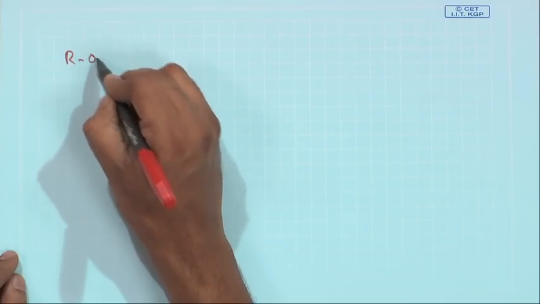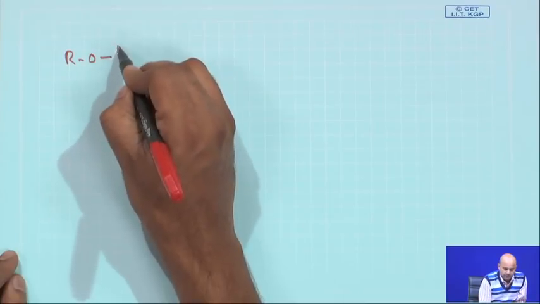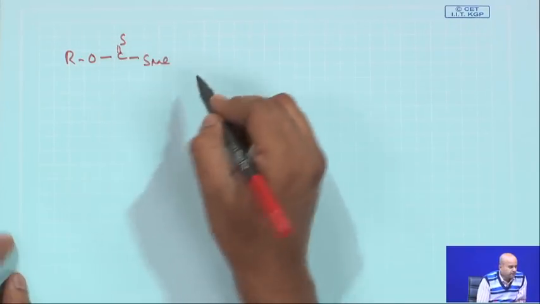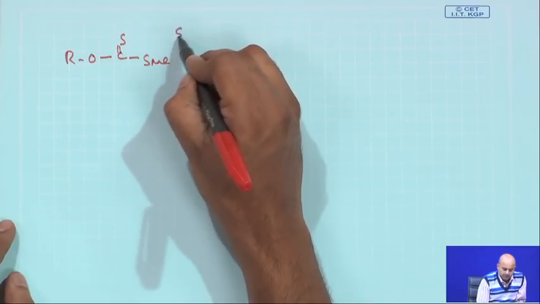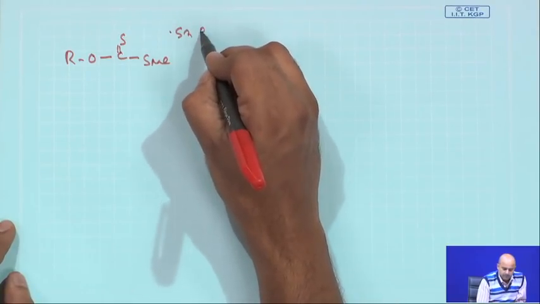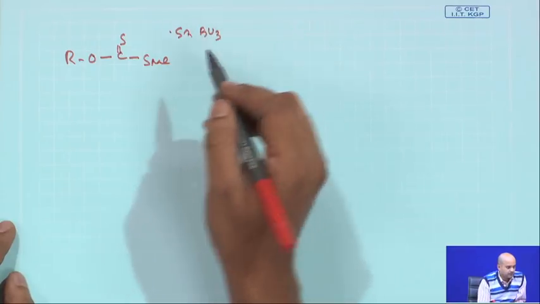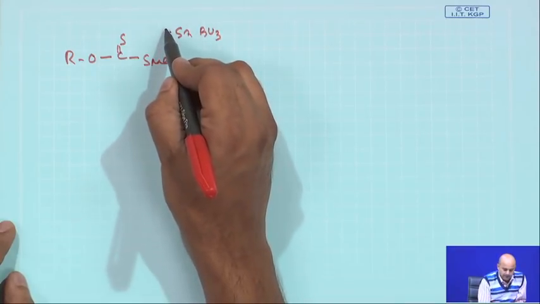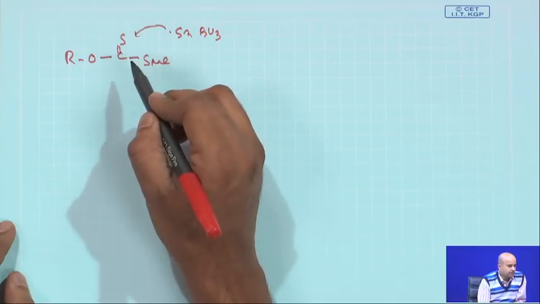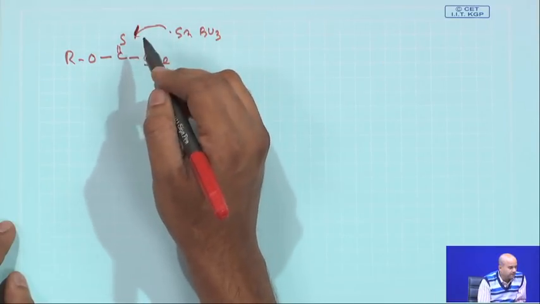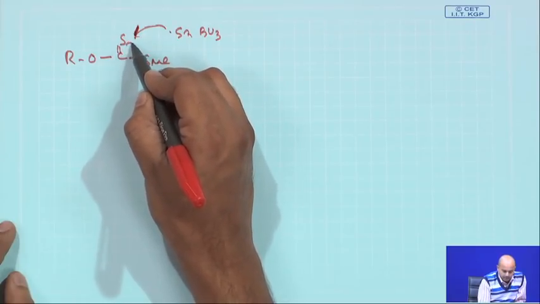So, you have this xanthate in your reaction mixture, which you basically prepare initially. Now, this Bu3Sn dot is reacting with the sulfur through a half arrow. This is a radical, so you will always have this kind of half arrow mechanism.